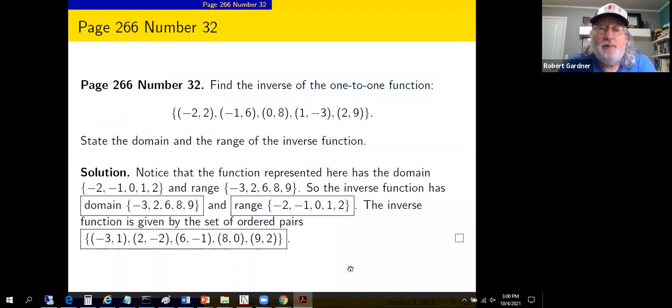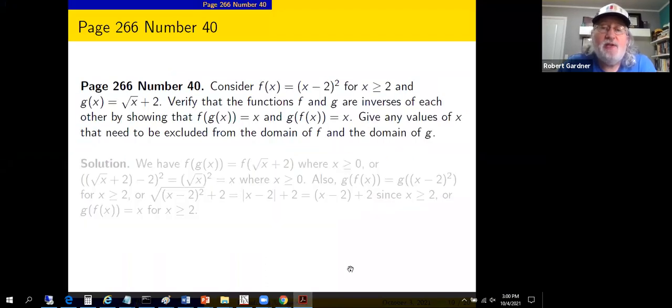A couple more examples to illustrate these definitions. Consider f of x equals x minus 2 squared for x greater than or equal to 2, and g of x equals the square root of x plus 2. By the way, x must be greater than or equal to 0, or we'd have square roots of negatives.